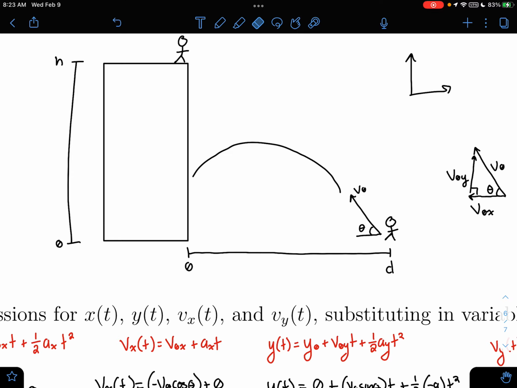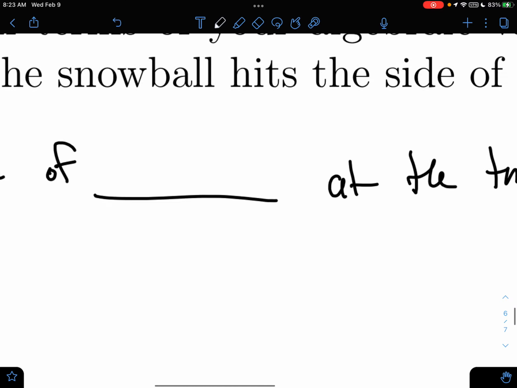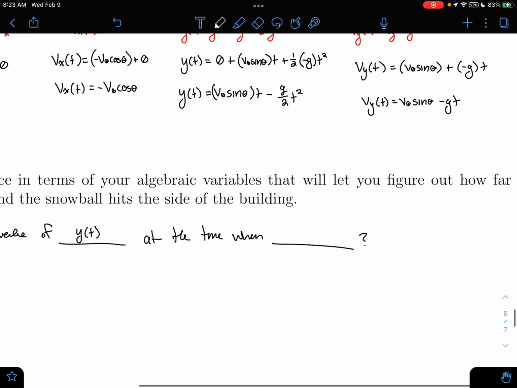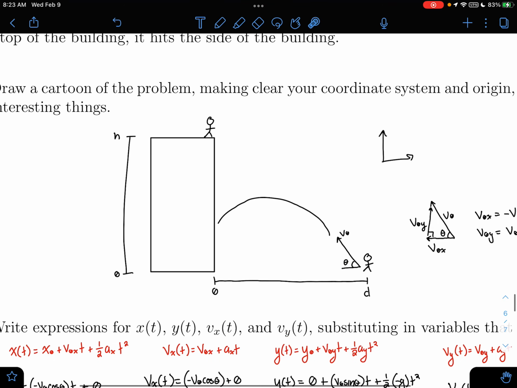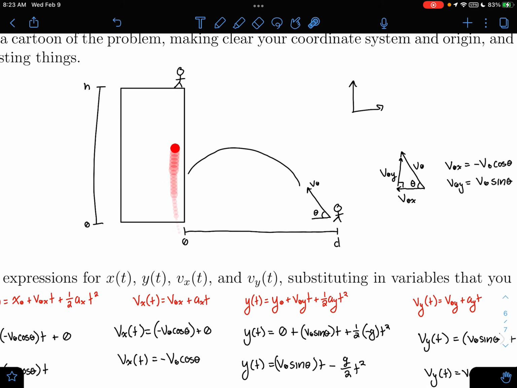What the question's asking for is our value of y of t at the time when, now let's figure out, how do we know that we've gotten there? What is true when we're hitting this side of this building? We don't know our y coordinates. We're figuring that out. We're not going to know our velocity right away. But we do know that our x, because I said that here was x equals 0, at the time when x is going to equal 0.